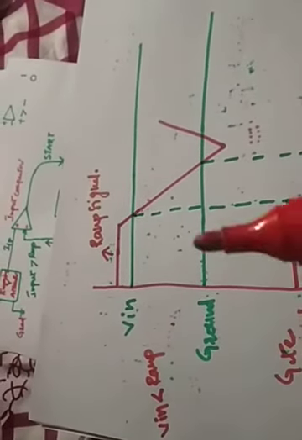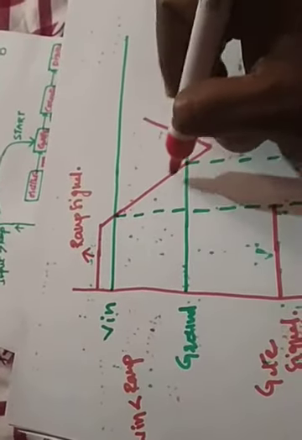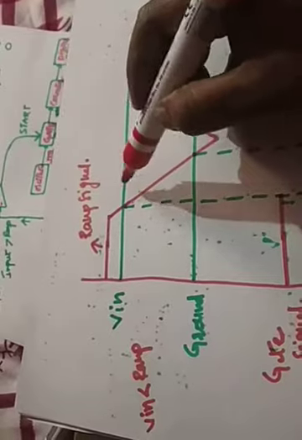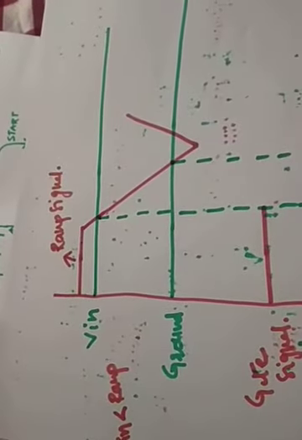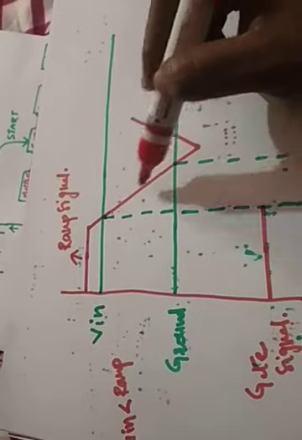So the gate is open only when your input signal is greater than the ramp signal. From here to here you will see this is your input signal and this is your ramp signal. Definitely your input signal is greater than the ramp signal.